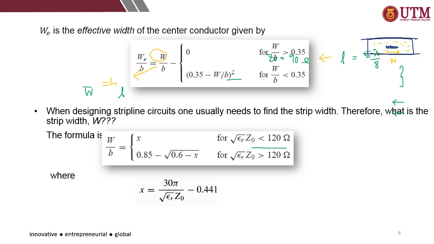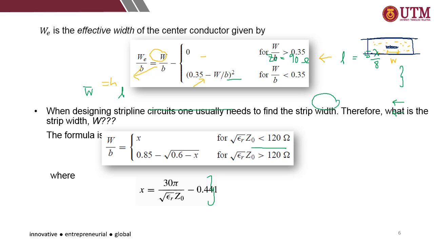For W over B larger than 0.35, the ratio of the effective width WE divided by B equals W over B, and otherwise it will be this. All right, when designing a strip line circuit, the width is one of the important parameters that you need to look at.